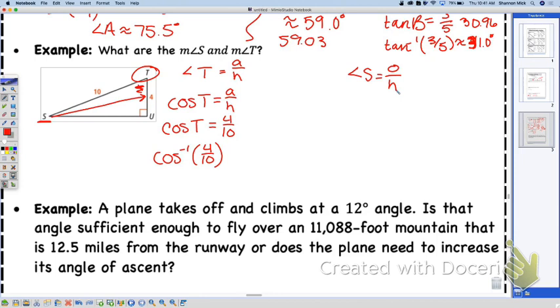Sine. So sine of S is going to equal 4 over 10. So how do I figure out S? Inverse sine of 4 over 10. You see why I like to write it down and then go to my calculator?